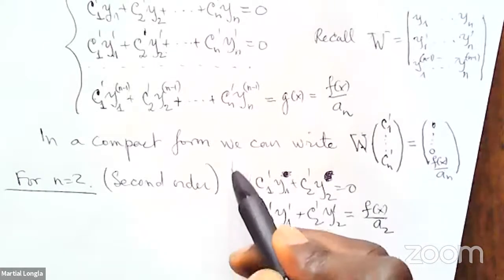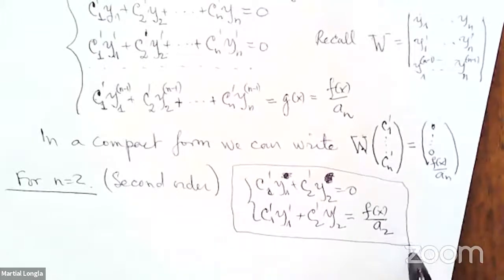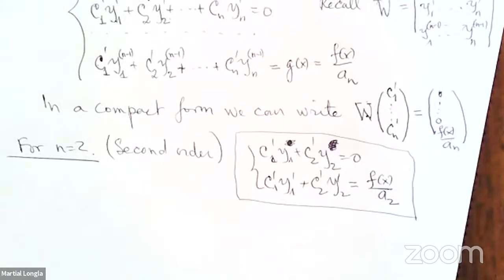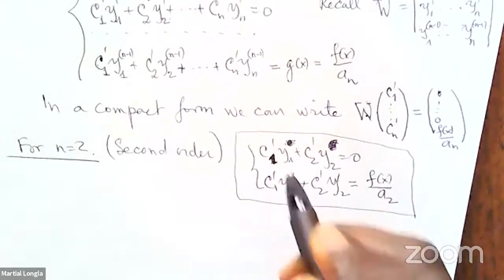So this is the system that you will get when n is equal to 2. And you will just need to solve for c1 prime and c2 prime.